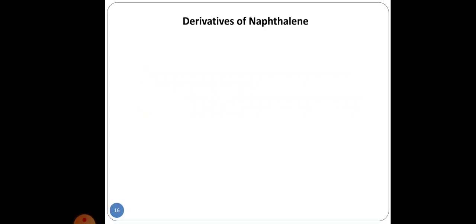Next is the study of derivatives of naphthalene. The compounds which have the parent nucleus or the basic skeleton along with some substitution, either a specific group or an atom, are usually known as derivatives.